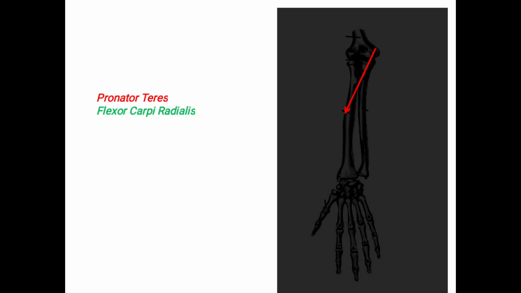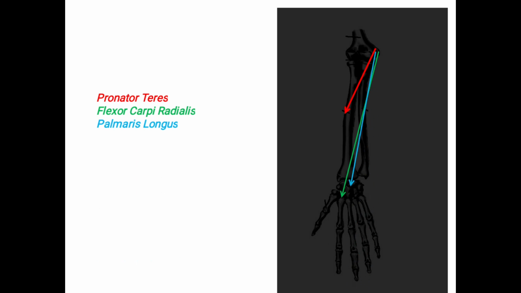Okay, second muscle, you have the flexor carpi radialis. So origin is again medial epicondyle, and the insertion actually is the second and the third metacarpal bone, the base. Okay, the base of the second and the third metacarpal bone. Okay, next, your palmaris longus.